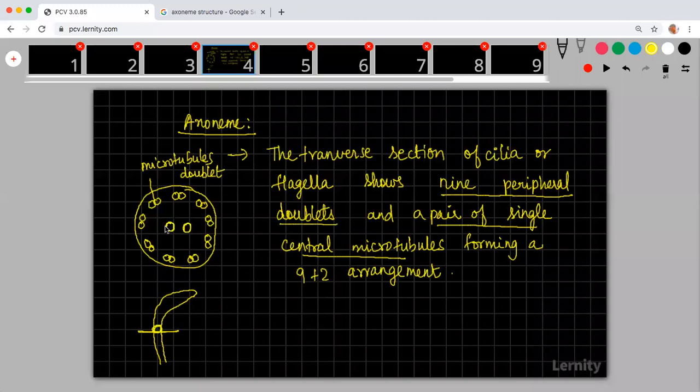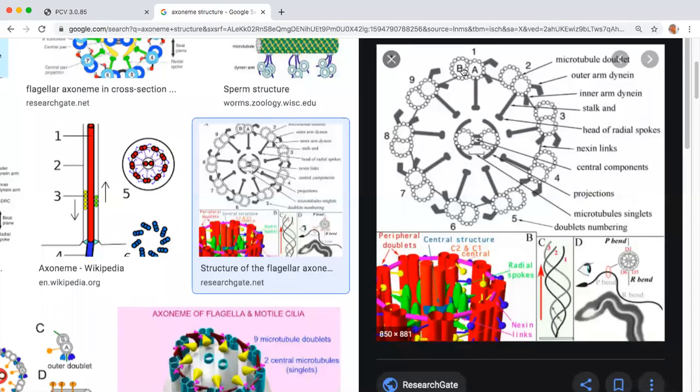Okay. So this kind of arrangement is called a 9+2. This is 9 doublets in the periphery, and then in the center, there are 2. This is called a 9+2 arrangement. So this is the first point. If you look at the structure here, this A and B forms a doublet, which is called a microtubule doublet.